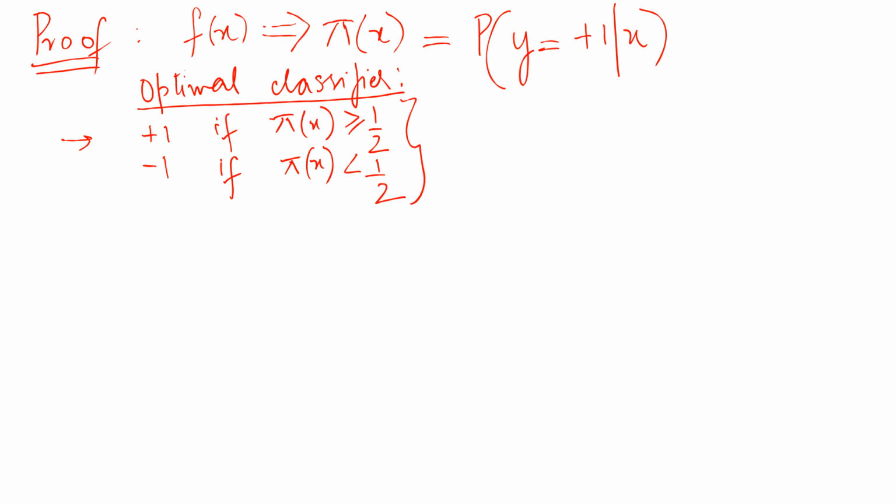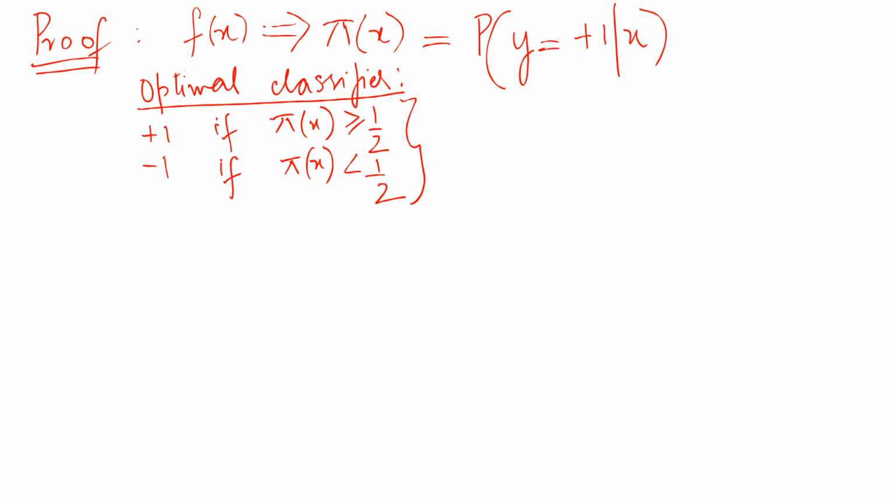Conversely, if you say -1, you will have a higher probability of error, because the probability of error in that case would be 1 minus pi of x, which is larger since pi of x is greater than half. So this is the optimal classification, and the reverse is also true. This is the definition of my optimal classifier.